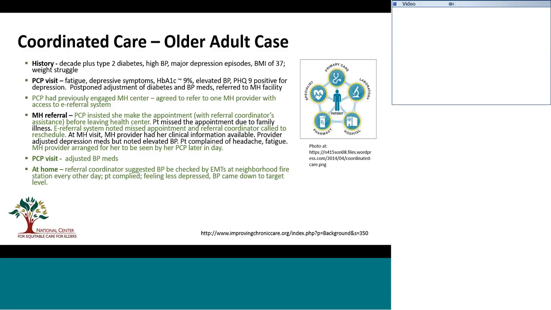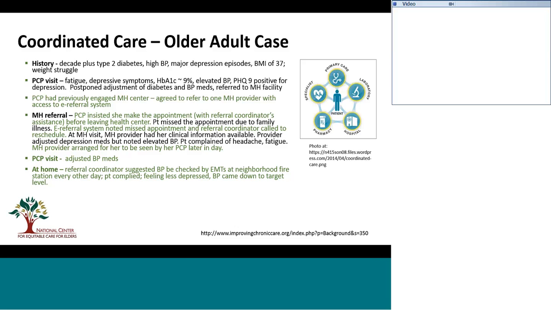So once the patient left and the appointment had been made, she did miss the appointment because of a family illness. Because there was an e-referral system, it noted the missed appointment, and the referral coordinator called to reschedule.